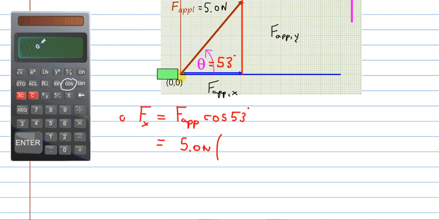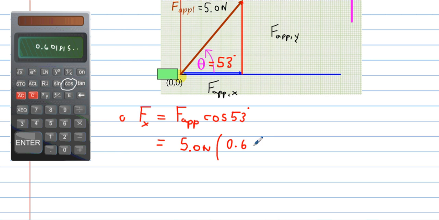And when you do that, you should end up with 0.601815 with a number of other digits afterwards. Use all the digits in your calculator, never round early. Always keep all of the digits that you see on your calculator until your final calculation.